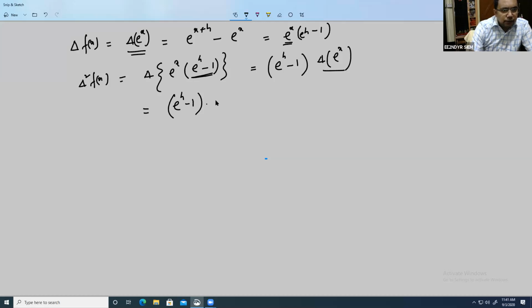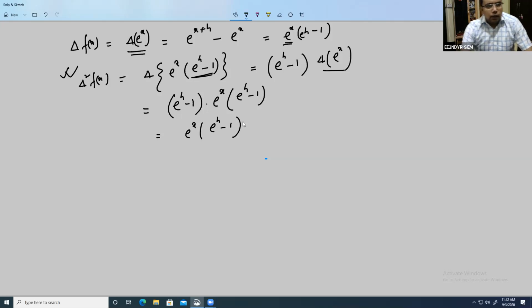So straight away I can write e to the power x into e to the power h minus 1. What was our problem? Calculate del square f of x. So this is our del square f of x. If anyone is interested to calculate del cube f of x, definitely it will be e to the power x into e to the power h minus 1 whole cube. Clear? Any question?